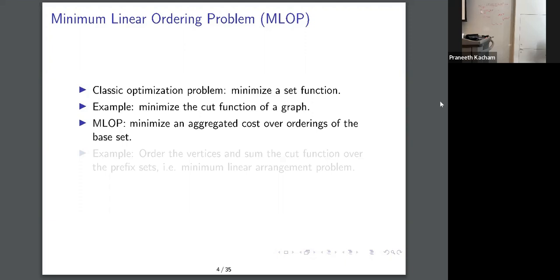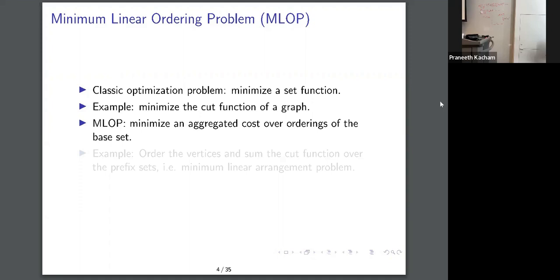So the minimum linear ordering counterpart is summing that cut function over all these prefixes. So it's going to count the number of edges passing here. It's going to then count the number of edges crossing this cut, and summed over all prefixes.